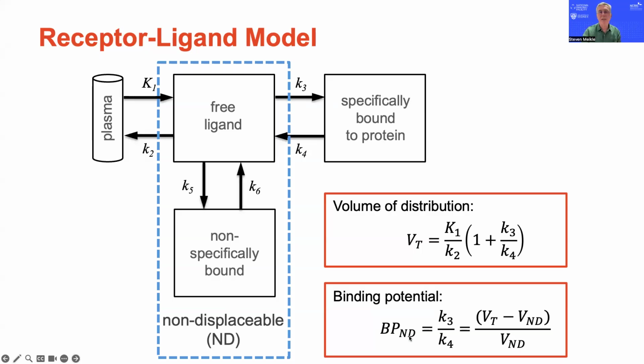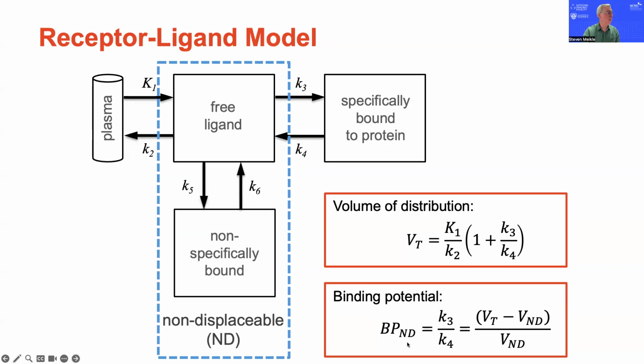Now, coming back to ND, I said right at the beginning that we have this subscript ND for non-displaceable. This is what it refers to. If I calculate the binding potential as this ratio for a system like this, where I've got a non-displaceable component, and that's always the case when we're doing an in vivo imaging experiment, then we always use this subscript ND to indicate that it's the binding potential relative to a non-displaceable compartment.